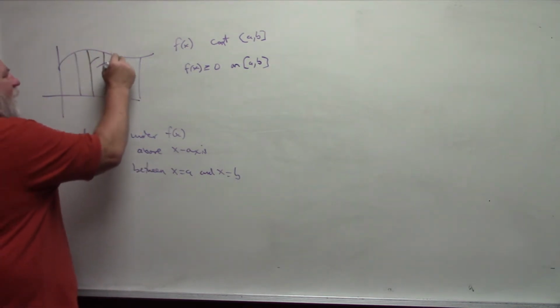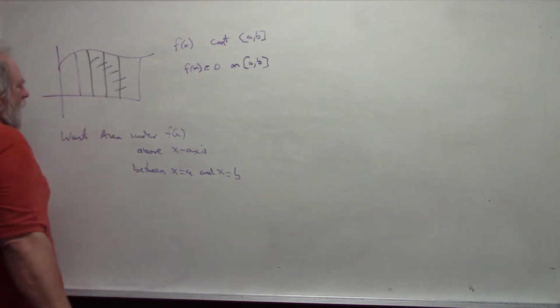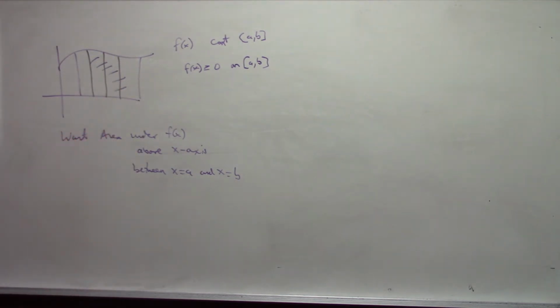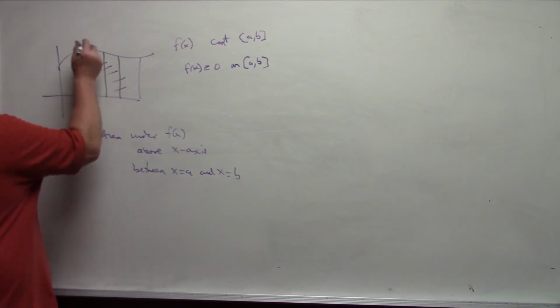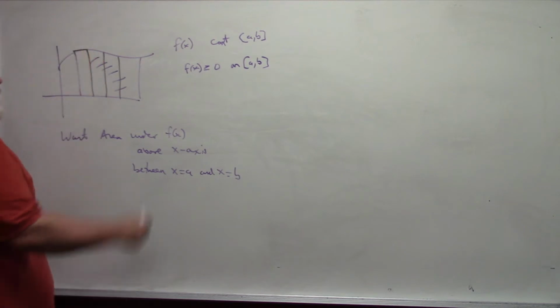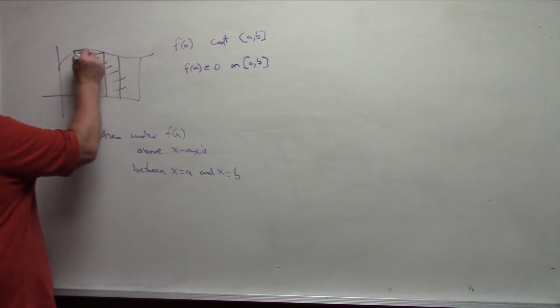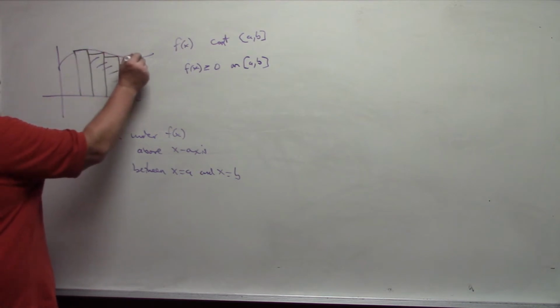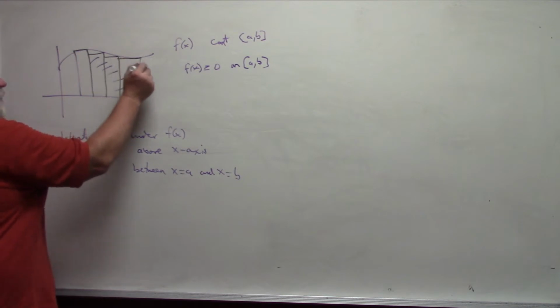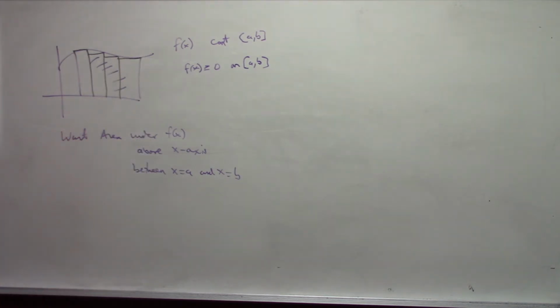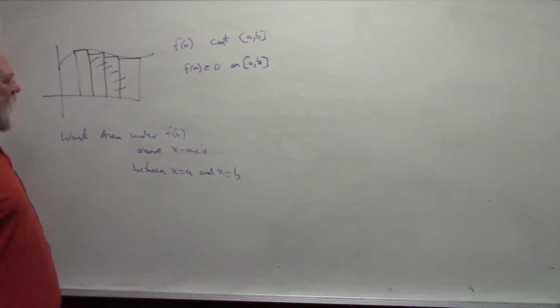If I break this apart into rectangles, and let's suppose that I use the right-hand endpoint of my interval each time to get the height of the rectangle, we can then approximate the area under the curve by looking at the area of rectangles. That we do not need calculus for. And so today we want to look at area approximation using rectangles.